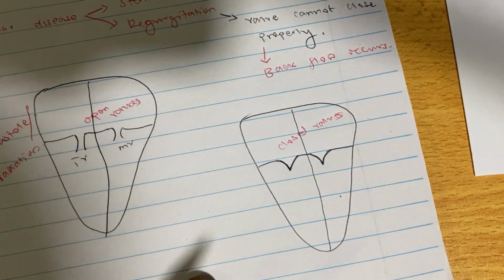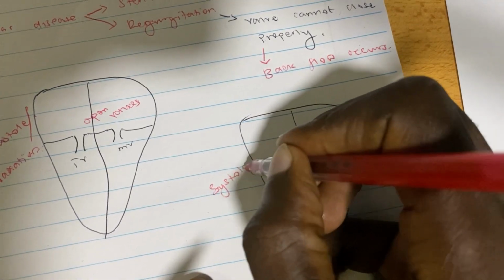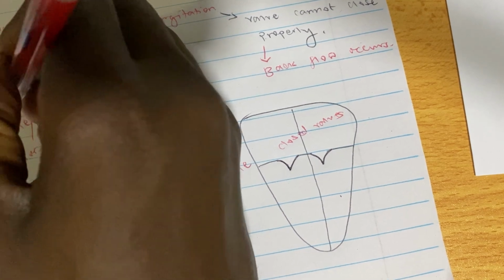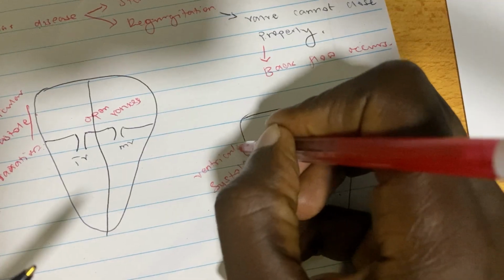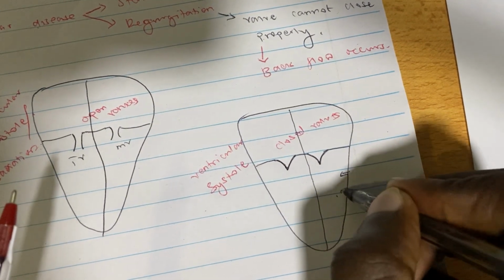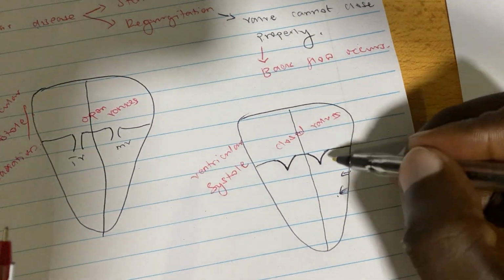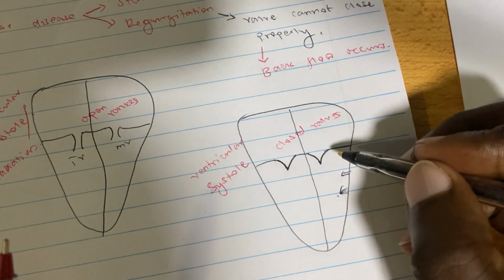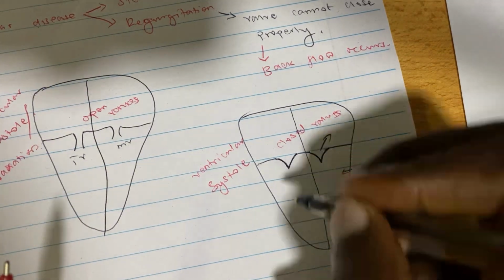So this is ventricular systole. If the ventricle is contracting, blood should go to the aorta or pulmonary artery, and the ventricular valves, that is the tricuspid valve and mitral valve, should close to prevent blood from going back.